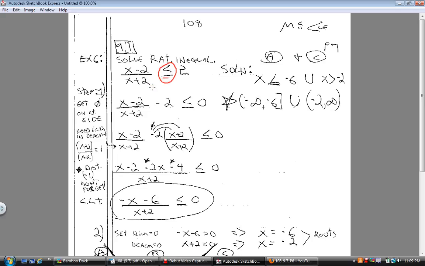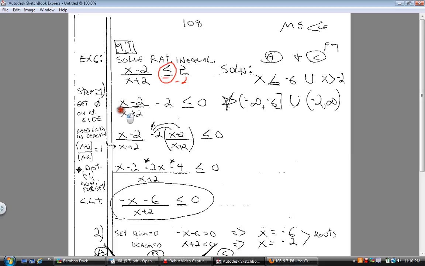We realize we have to set it equal to 0, so we add 2 on both sides, and that produces two rational expressions. Don't forget the 2 is still a rational expression because it can be put in the form of 2 over 1. Now we need to combine through the subtraction operation, so we need an LCD, least common denominator.